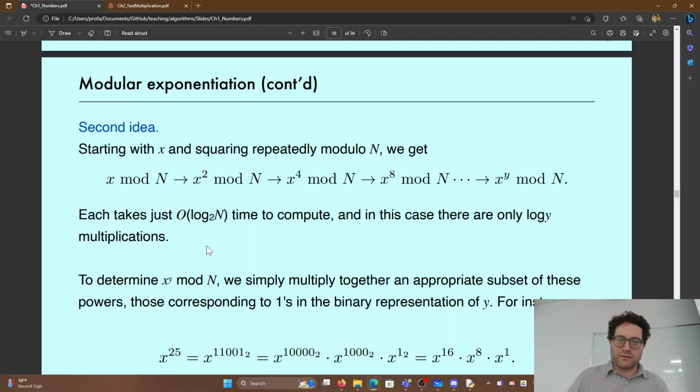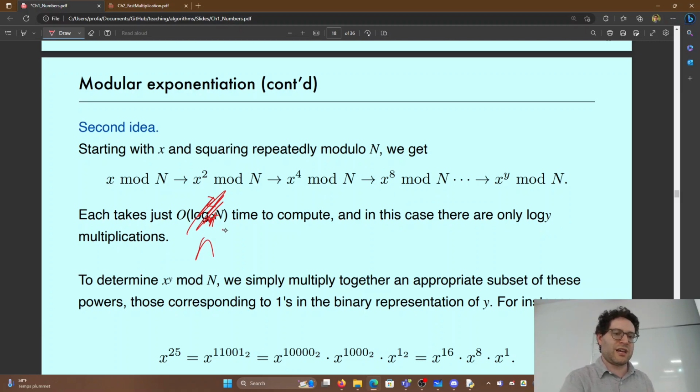This is a typo. This shouldn't be there. Each of these takes log squared n time. So log n times log n time to compute each of those multiplications. And instead of there being y multiplications, there are log y. Now why log base 2 n? Again, n is the size of this. Log base 2 n is just a fancy way of writing n, right?